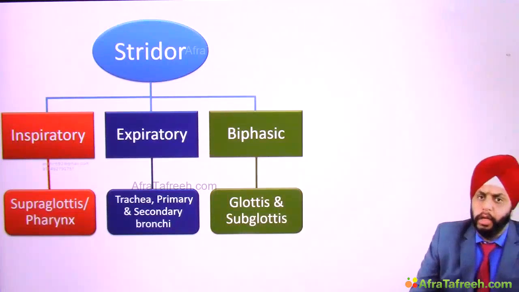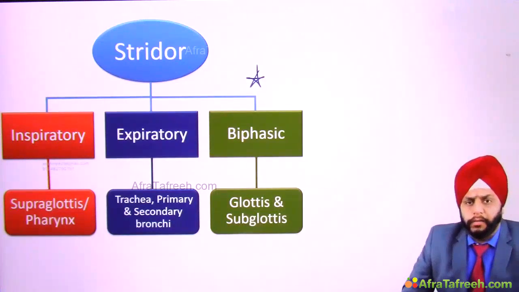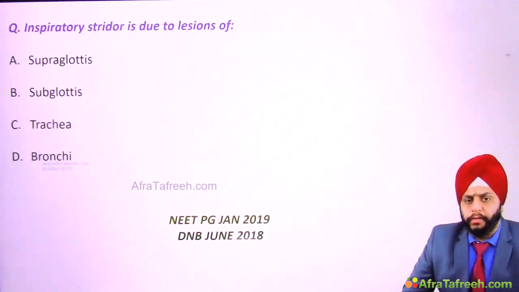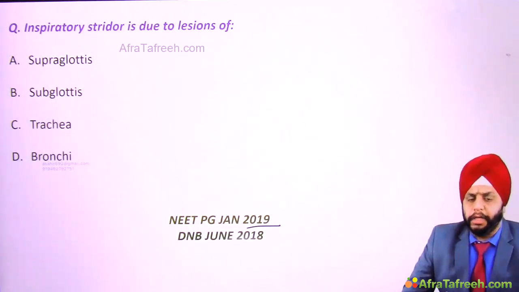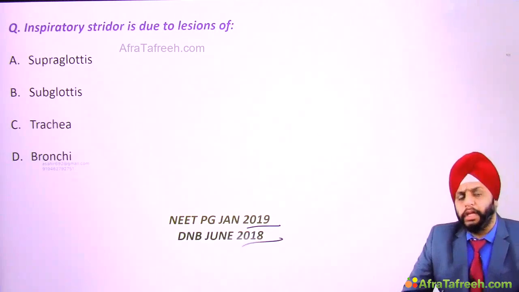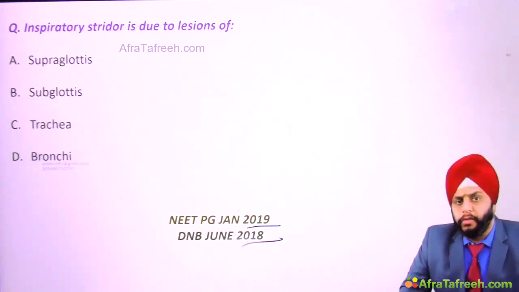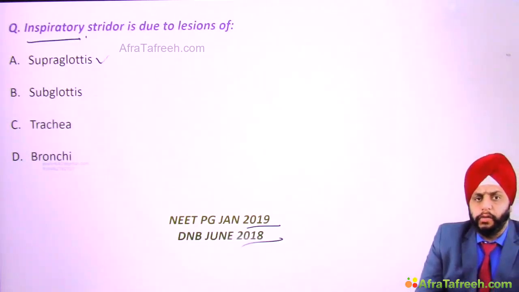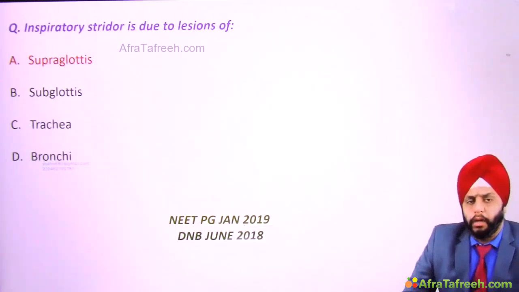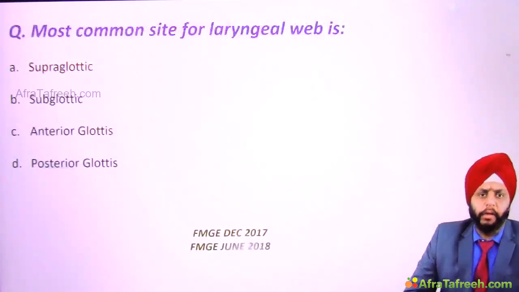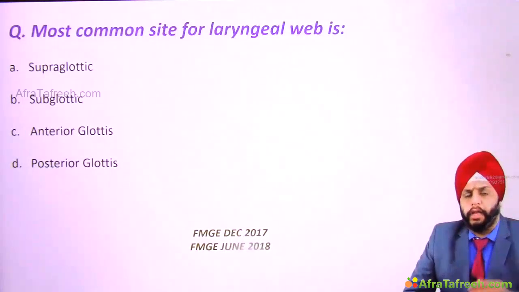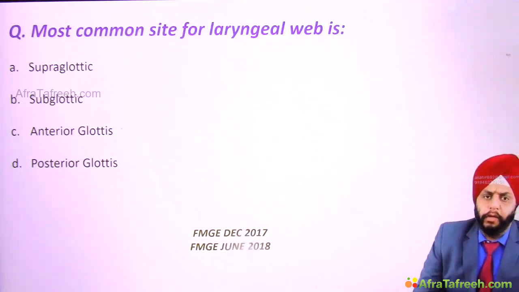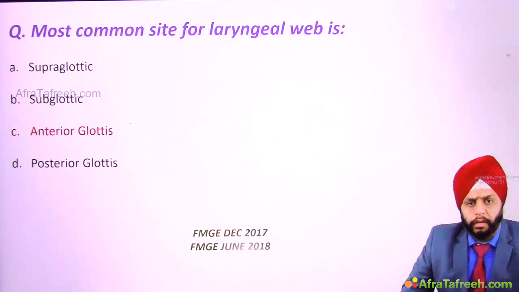So that's the rule, and this question is asked many times in the exam. You can see the NEET PG January 19, DNB June 18. Inspiratory stridor is due to lesions of supraglottis. Most common site for laryngeal web, answer we know, is anterior glottis.